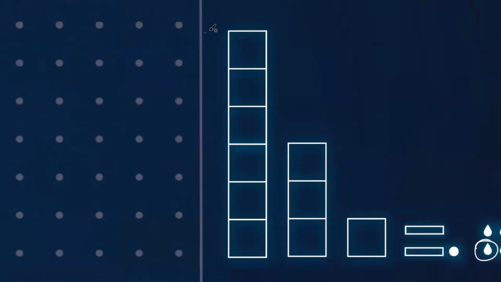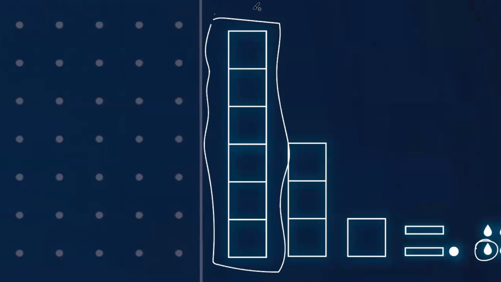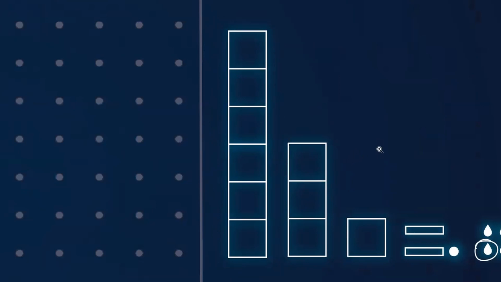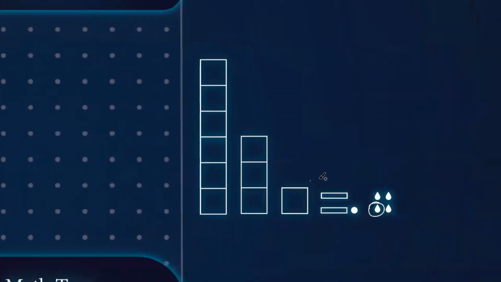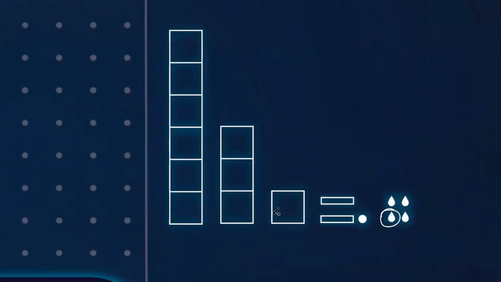Perfect. And what about this shape here? That shape would be 30 milliliters, or 2 tablespoons, or an ounce. Awesome. You're catching on to this so fast. Another way that we can use these shapes is to imagine them like containers.